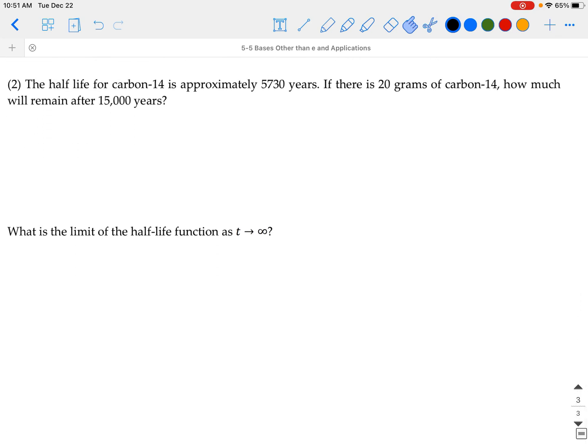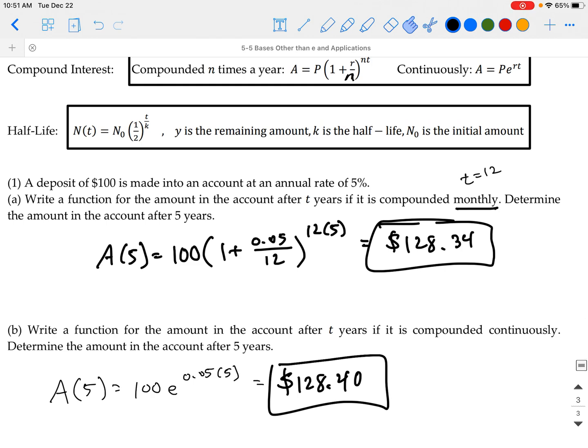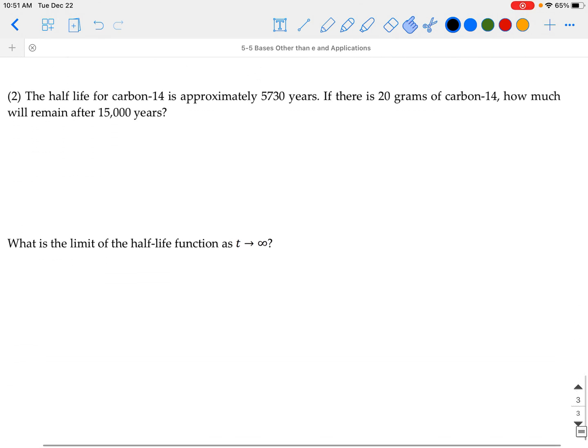All right, so the half-life for carbon is 5,730 years. If there's 20 grams of carbon 14, how much will remain after 15,000 years? So there's a couple of different equations you can use here. I think I put up this basic one with the base 1/2. So N of t is equal to N naught times 1/2 to the t over k, where k is going to be the half-life value.